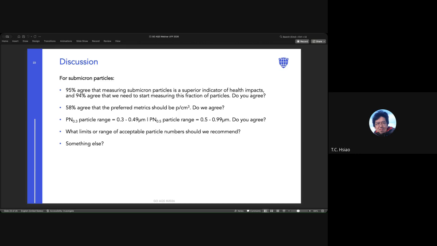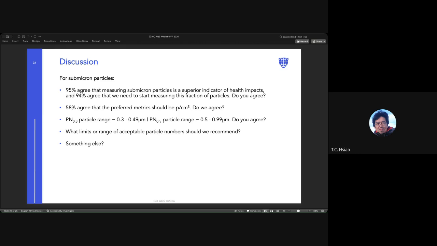The third issue, I do not quite understand that one, because normally the subscript means the particle size less than these numbers. So when I see PM 0.3, I always think about the particle number less than 0.3 micrometer, not the particle range between 0.3 and 0.49.